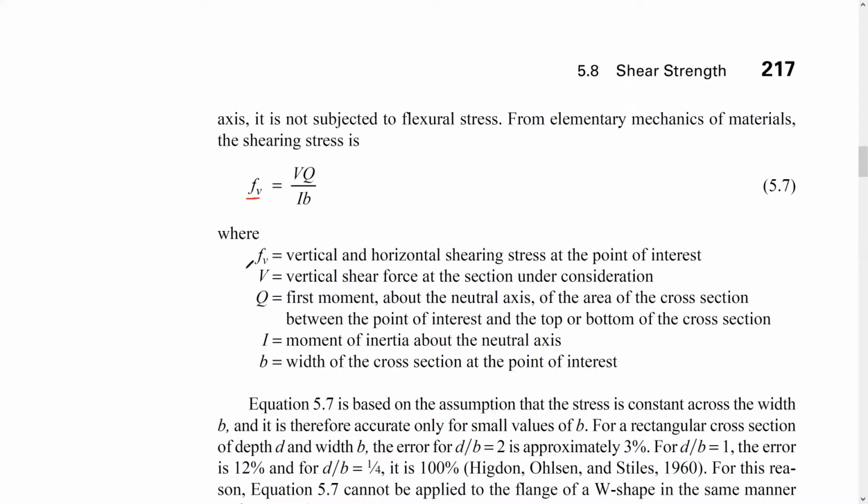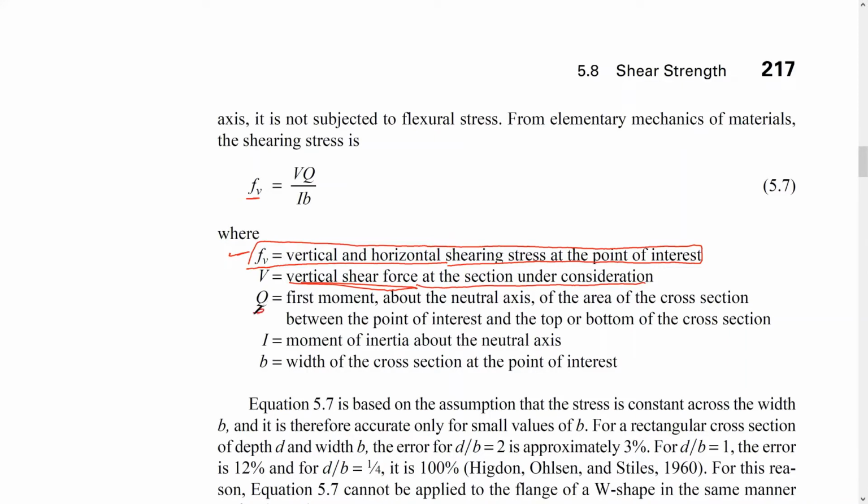Here, the shear stress is the vertical and horizontal shearing stress at the point of interest, meaning the point where you want to find the vertical and horizontal shear, okay? It is equal to V, and V is the vertical shear force. It's a force, and here it's a stress, at the section under consideration, which is the point of interest, meaning where you took this section.